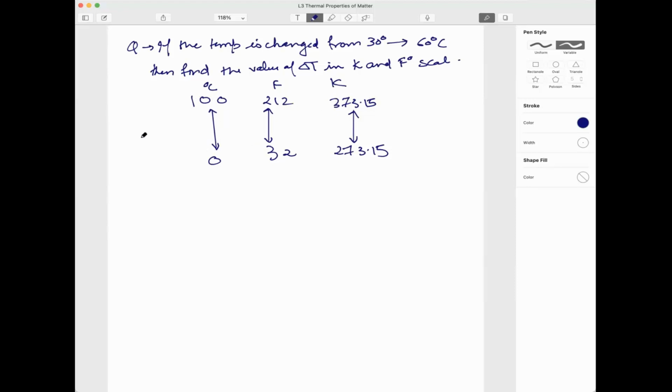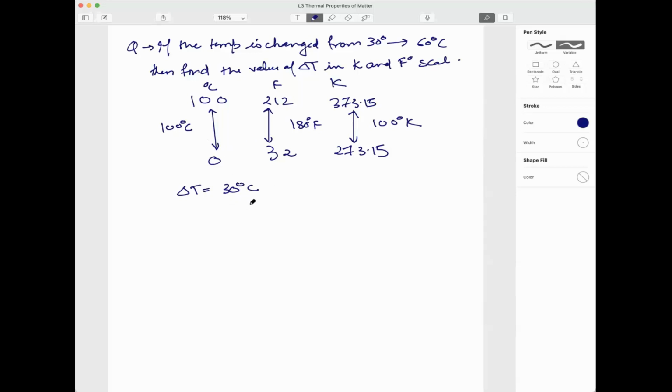Now what we need to do is this: if there is a change from boiling point to melting point, that is 100 degrees. So for a 100 degree centigrade change, there is a change of 180 degrees Fahrenheit and a change of 100 degrees Kelvin. So we need to convert the change. Here delta T is 30 degrees centigrade.